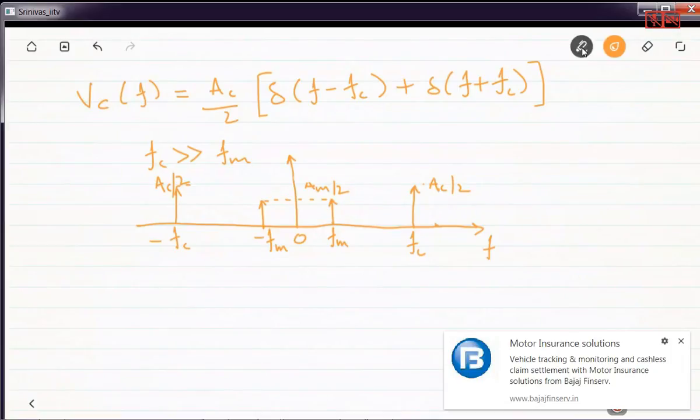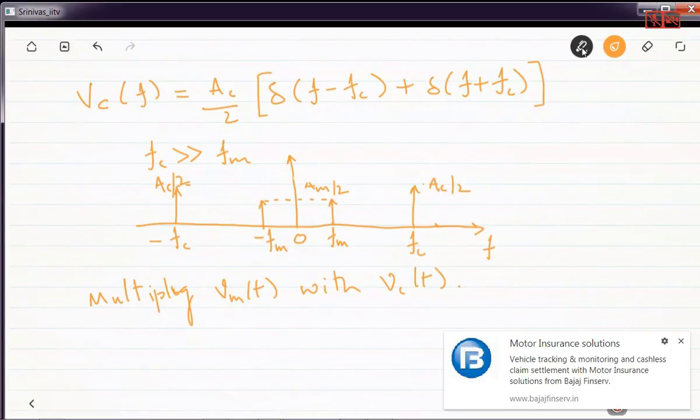Now let's quickly consider what happens when we multiply Vm of t with Vc of t. So what do we get?